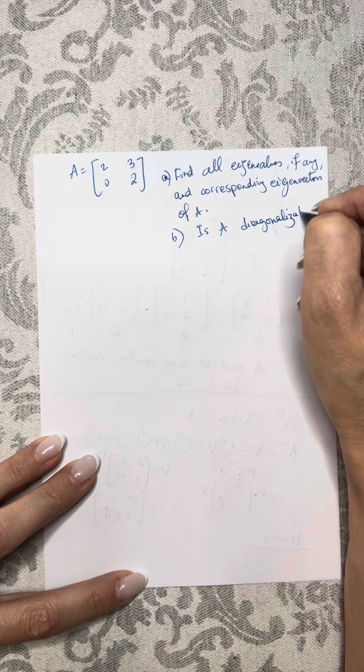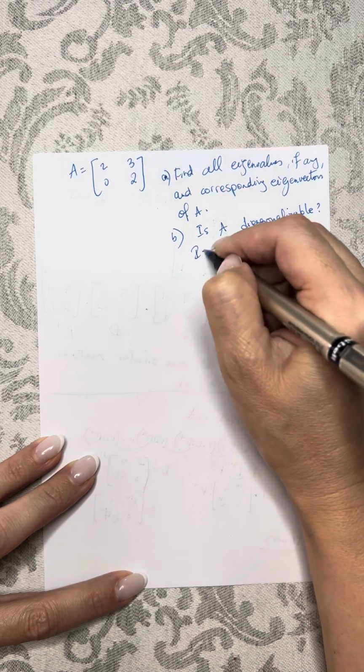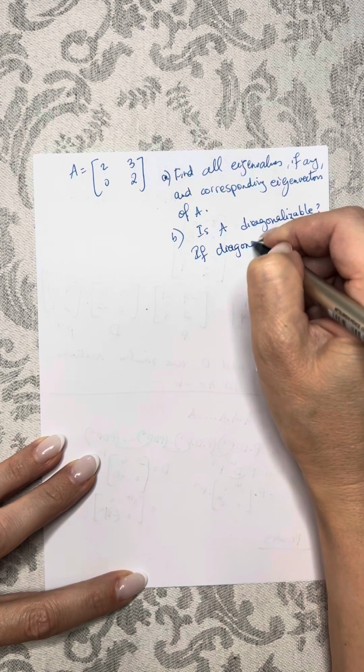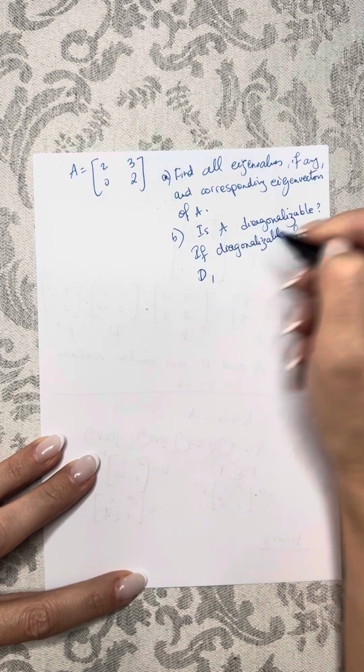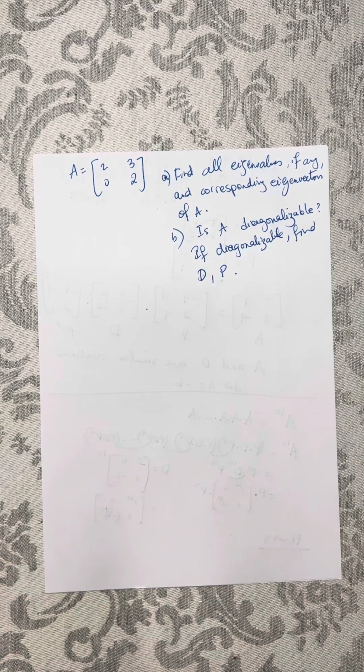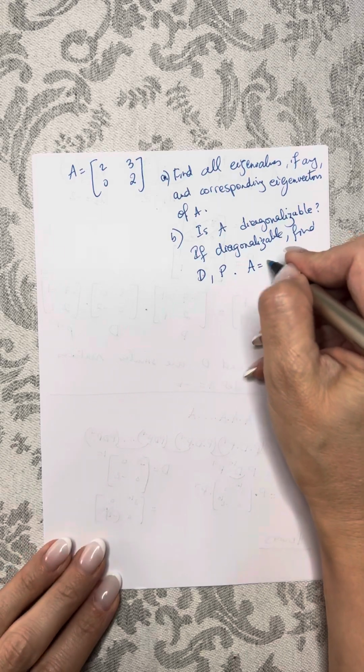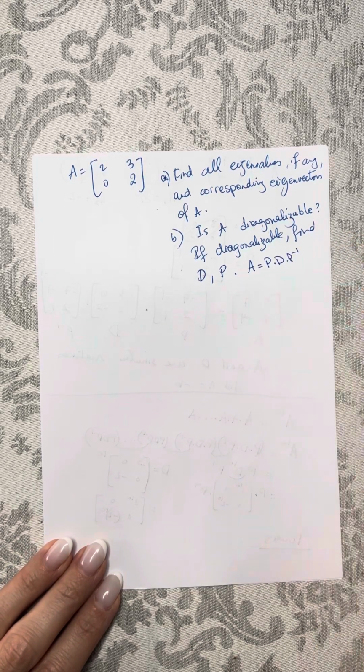Yes or no? And if diagonalizable, find the diagonal matrix D and the invertible matrix P that satisfy A equals PDP inverse.